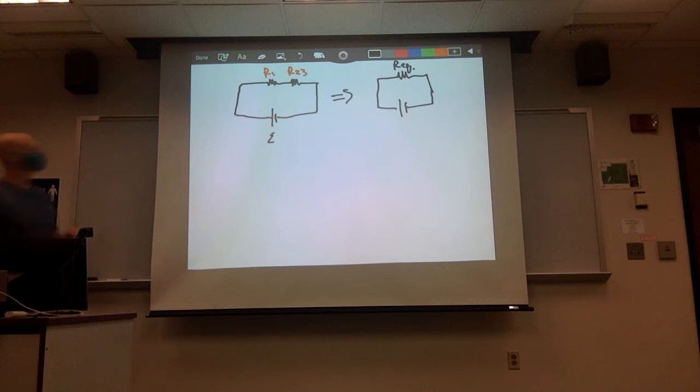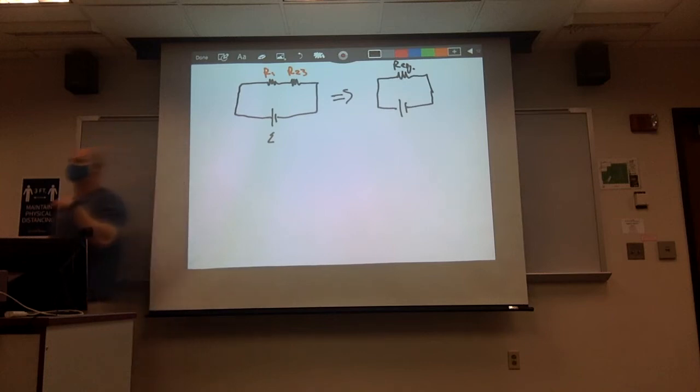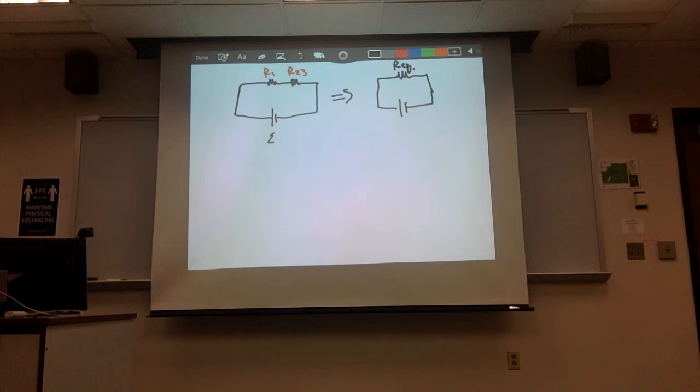First things first, we know R23 came from 2 resistors which were in parallel, and how do I add resistors in parallel? Add them inversely, right? So in this case I get R23 equal to R2 times R3 divided by R2 plus R3.